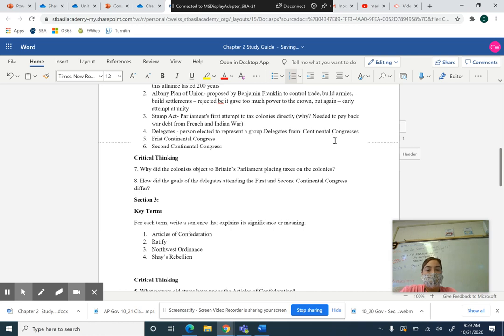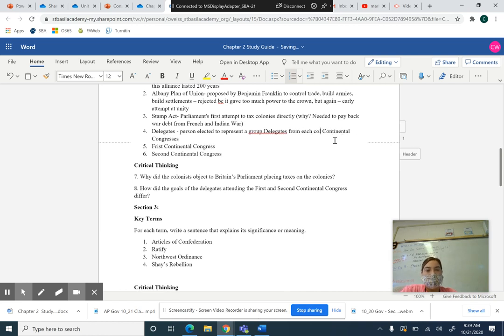Delegates from the colonies in the Continental Congresses. They sent delegates or representation later on in the Continental Congresses. Good.